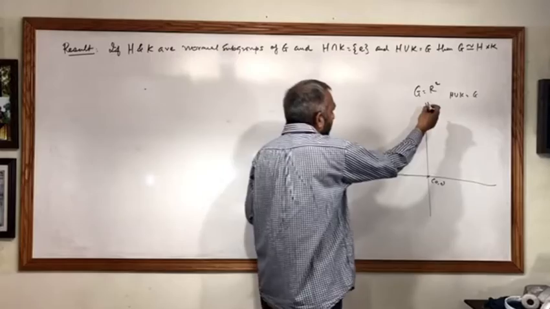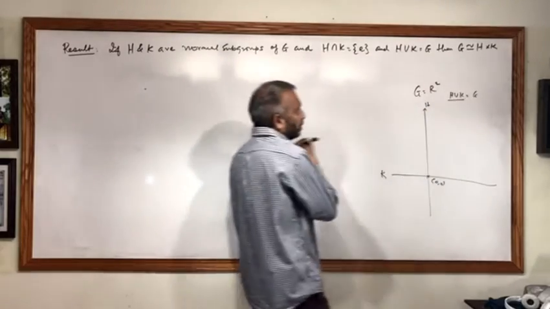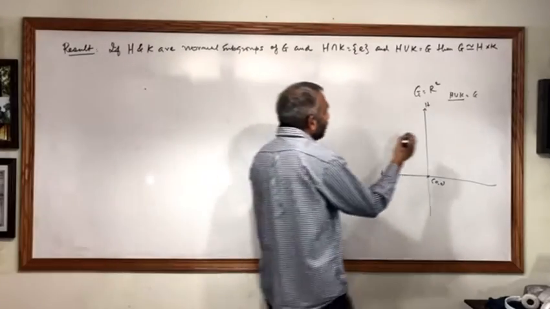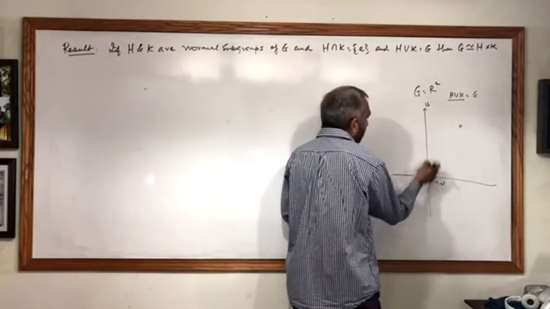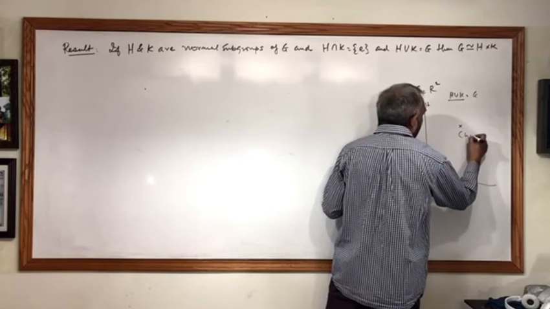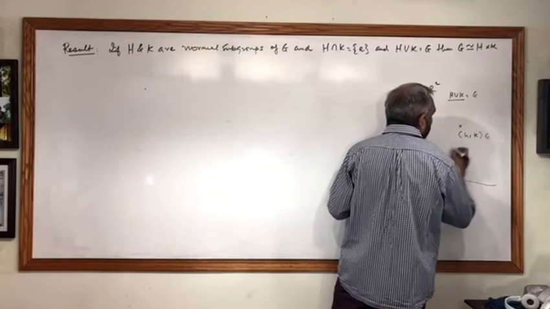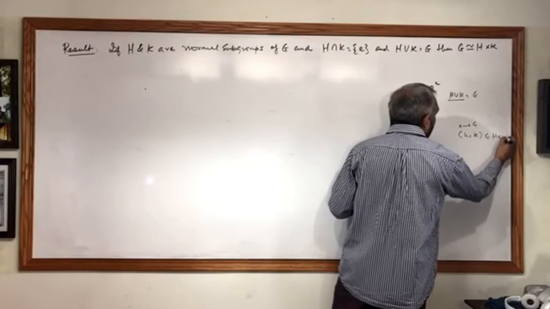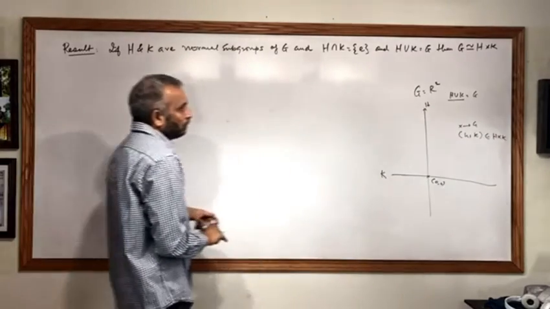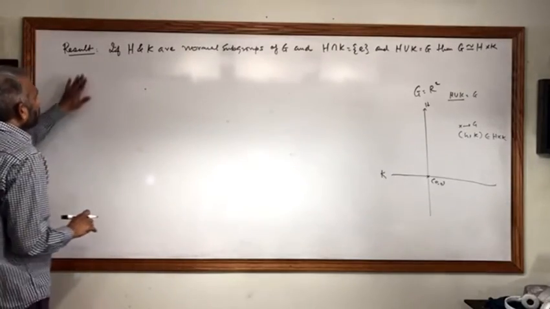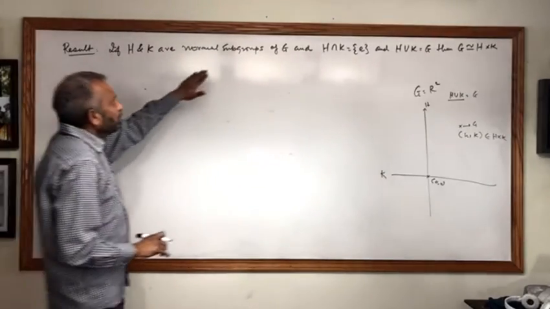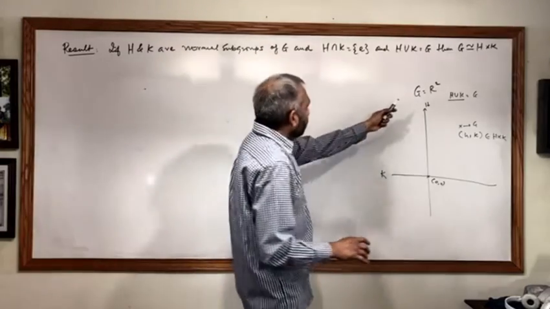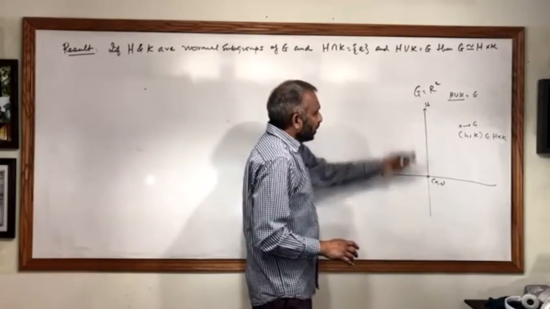I'm going to explain what this join is. You already defined it earlier, but I'll go through that one more time. If you take any point here, that is actually HK, and that belongs to G, and this is a point in HK. So that is what we are going to prove, but we are not sure about what kind of group G is. So this is in terms of R squared, when G is R squared.